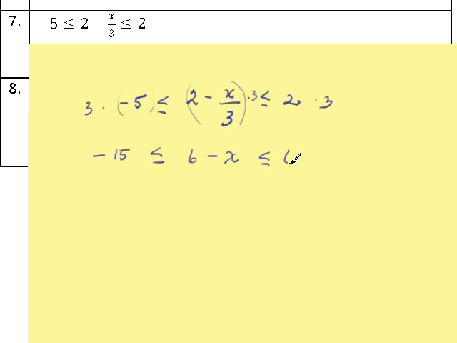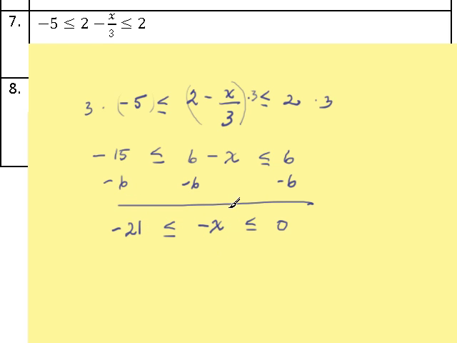And on the right, 2 times 3, we have 6. All right, we want to isolate x in the middle, so let's get rid of this 6. Let's subtract it. So here we have minus x in the middle. Here we have 0. And here we have minus 15 minus 6, that's negative 21.